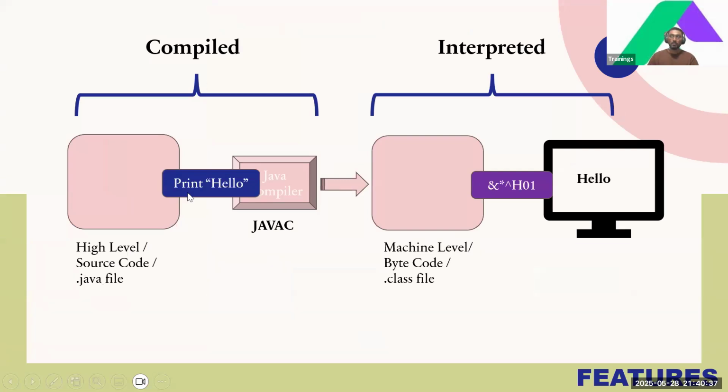We give that .java file to the Java compiler, which converts this high level language to low level language. And interpreter means we are executing our low level language: we give it to the machine, and the machine will follow the instructions and print the output.